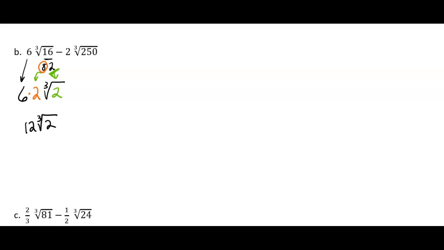Okay, now we're going to do the same thing with the other radical. All right, so I have 250. That's 125 times 2. All right, a bunch of 2's here. Minus 2. That's this part right there. The cubed root of 125 is 5.